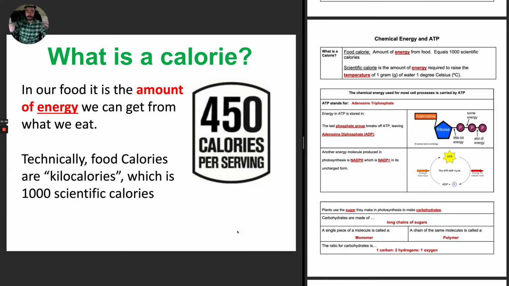You've probably heard about calories in food. How many calories does this have? Yada yada, right? A calorie is actually the amount of energy that we can get from what we eat. So if we eat something that has a bunch of calories, that means we can get a lot of energy from that, provided we burn those calories. Now, technically, the food calories that we talk about are called kilocalories, which is 1,000 scientific calories.